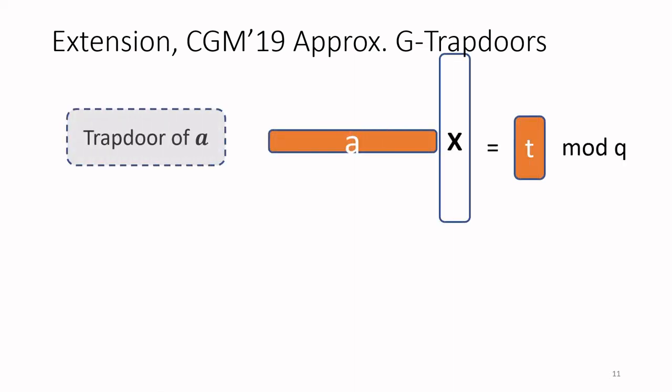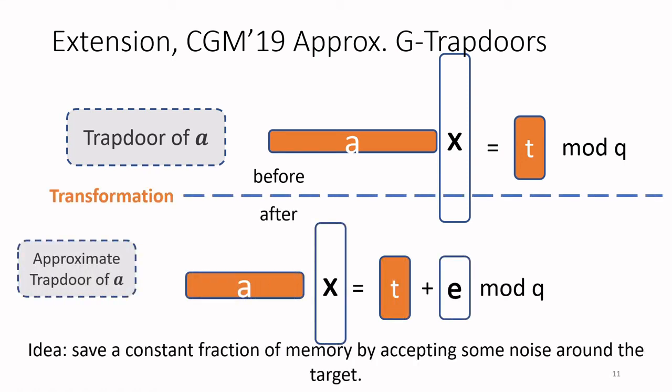Okay, so in 2019, this technique was extended to something which we're going to call approximate G-trapdoors, or just approximate lattice trapdoors in general.